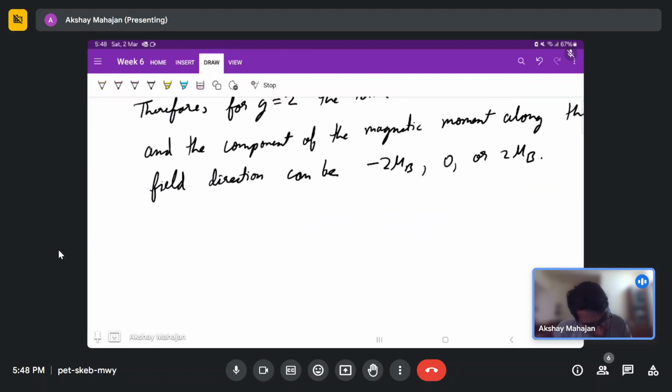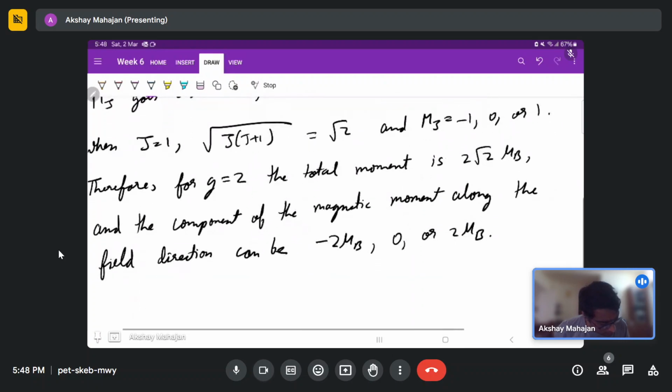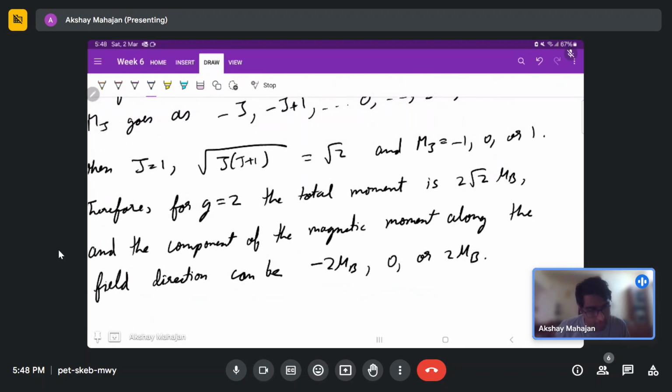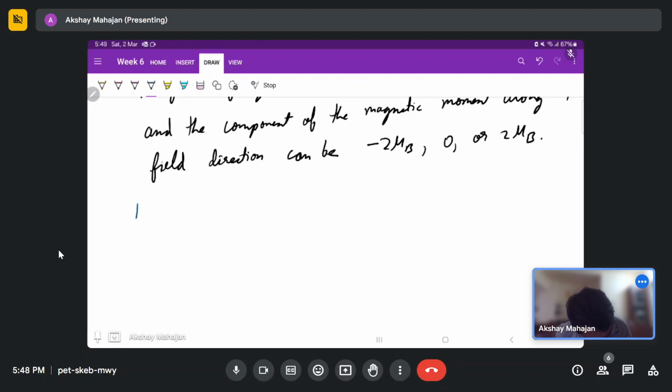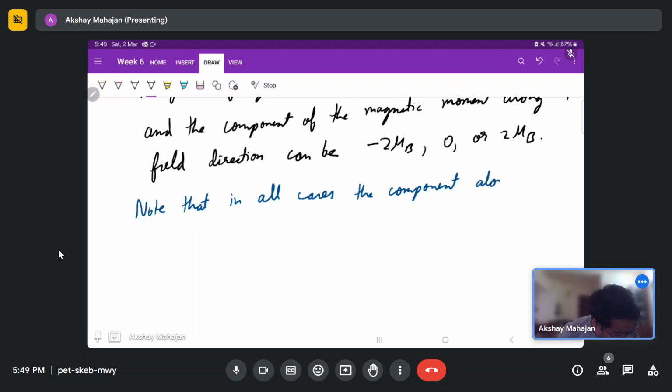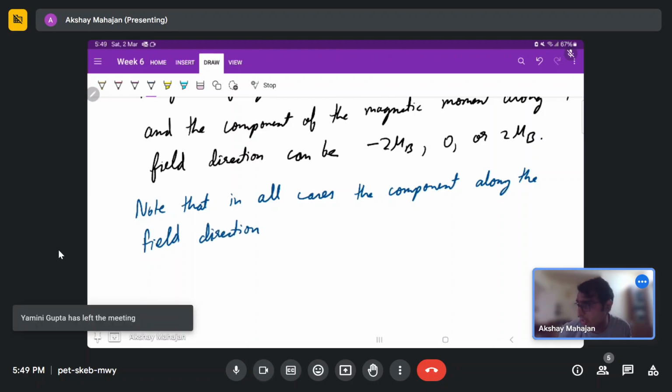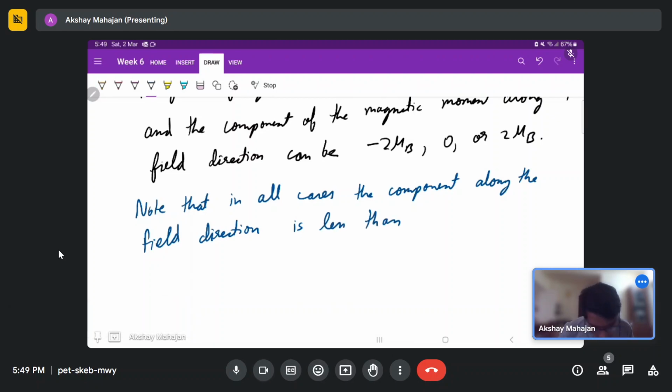As you can see, the maximum value is 2 mu B magnitude-wise, and the total magnetic moment is 2 root 2 mu B. So note that in all cases the component along the field direction is less than the total magnetic moment.